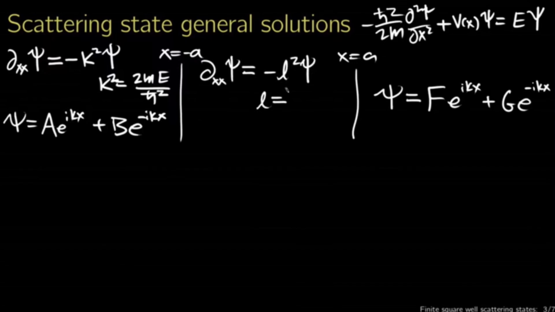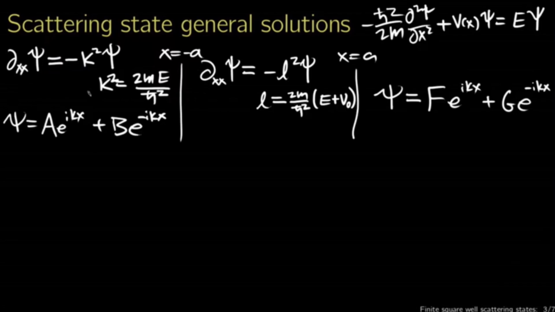The constant, instead of being 2mE over h bar, is going to be 2m over h bar squared times E minus V of x. Since V of x in the region between minus a and a is minus V naught, this is effectively E plus V naught.